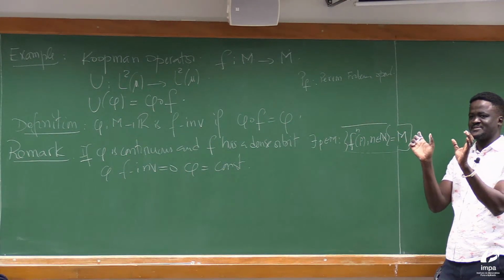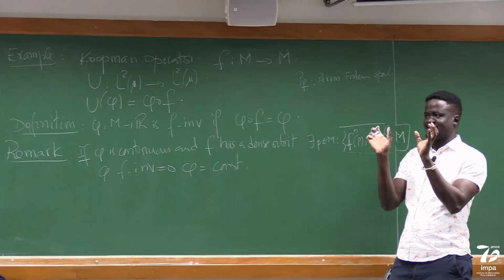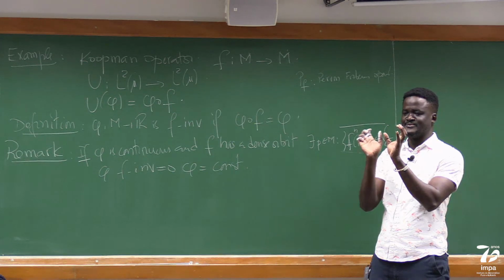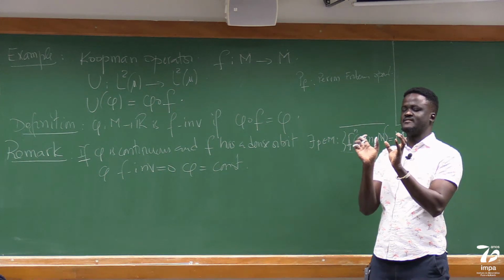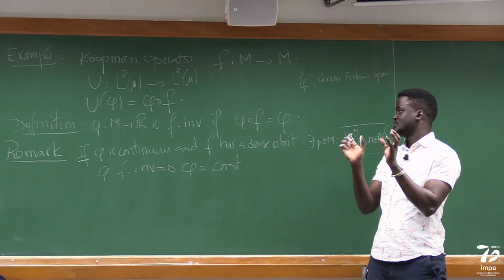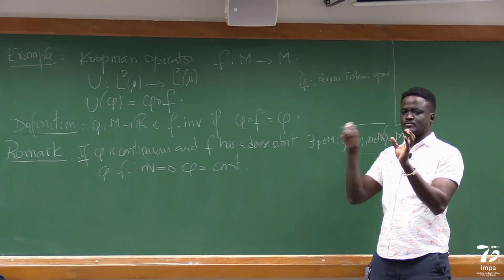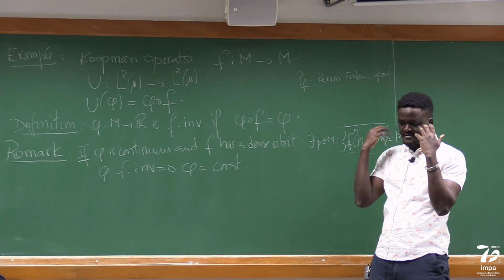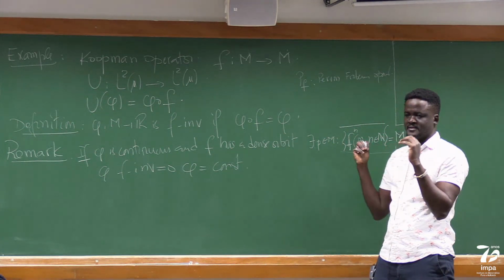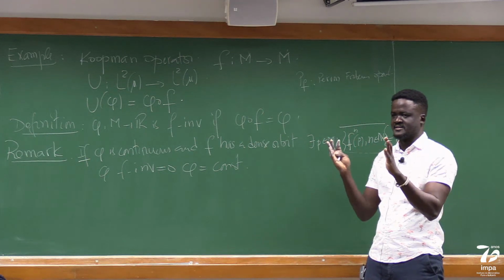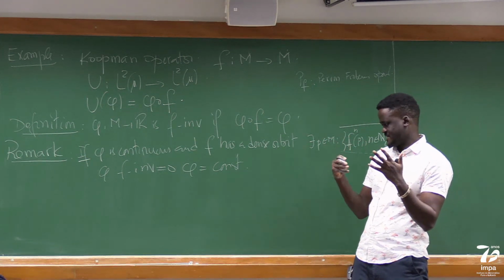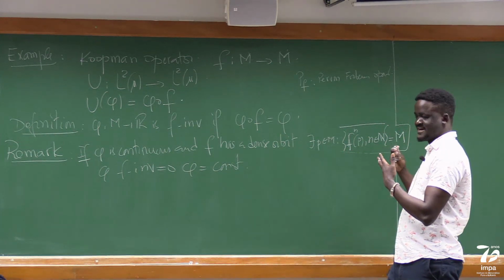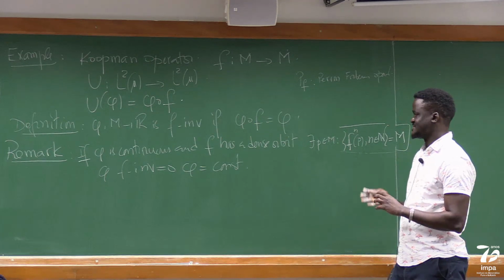Because if you think of ergodicity, what is ergodicity? It is that you cannot decompose your space into two subsets that are invariant in a measure theoretic sense. A dense orbit will go everywhere, all over the space. So you might think that a dense orbit is something related to ergodicity. But if you want to talk about it rigorously, they are not really the same.